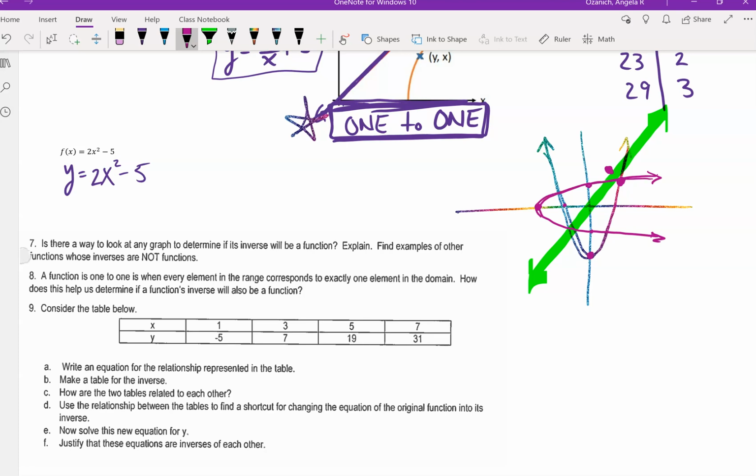It's a relation, but it's not a function. It does not pass the vertical line test. So this is not considered one-to-one. Kind of a tricky idea.